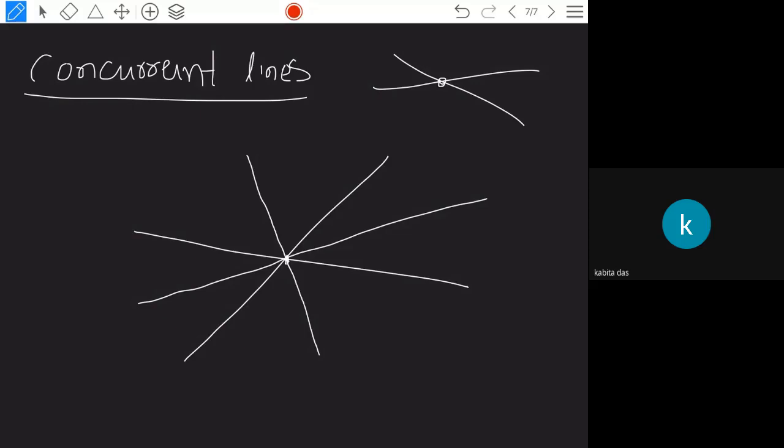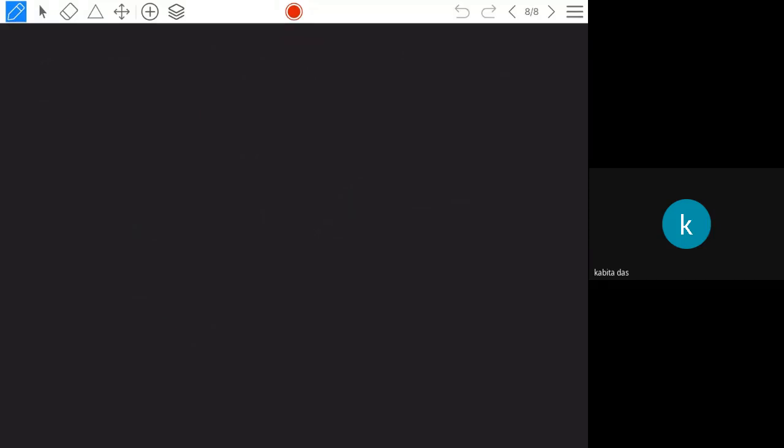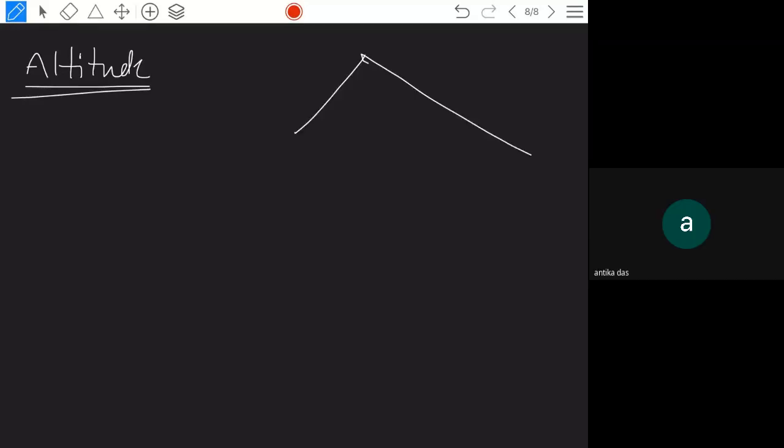Now altitude बोला है ना पहले. In a triangle, altitudes are concurrent lines. Suppose a triangle is taken like this, one altitude drawn, another altitude like this 90 degrees wala, another altitude like this. These three will intersect at one point.